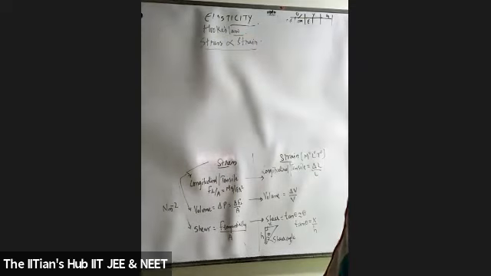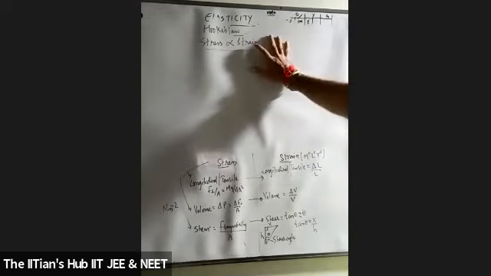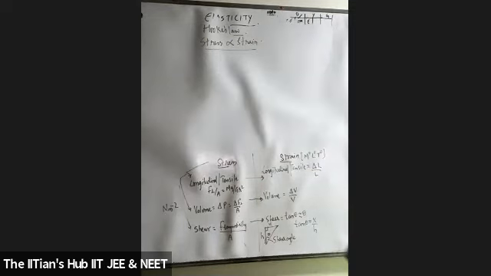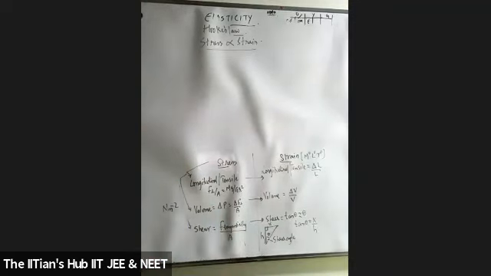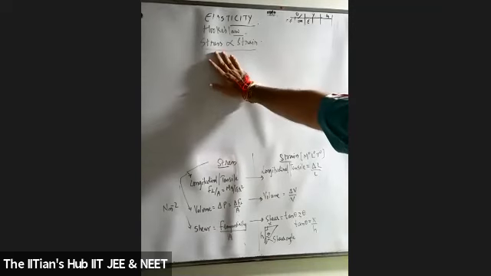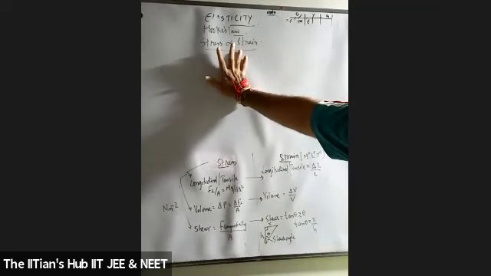What does he consider strain to be? Change in dimension over original dimension. We consider stress as what? The force acting normally per unit area, that is restoring force. So restoring force per unit area is proportional to change in dimension upon original dimension.